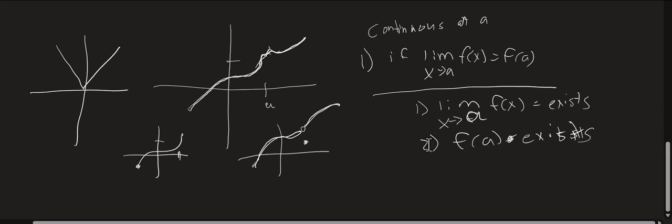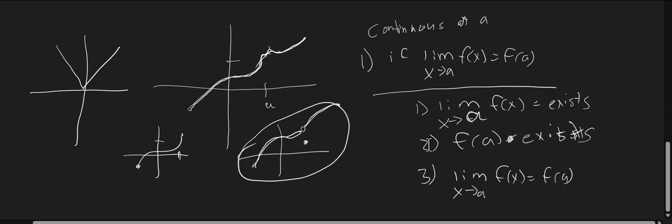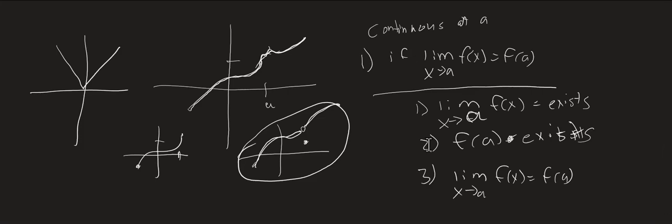And the last one is that those two things equal each other. So in this function right here, the limit exists and the function exists, but they don't equal each other.